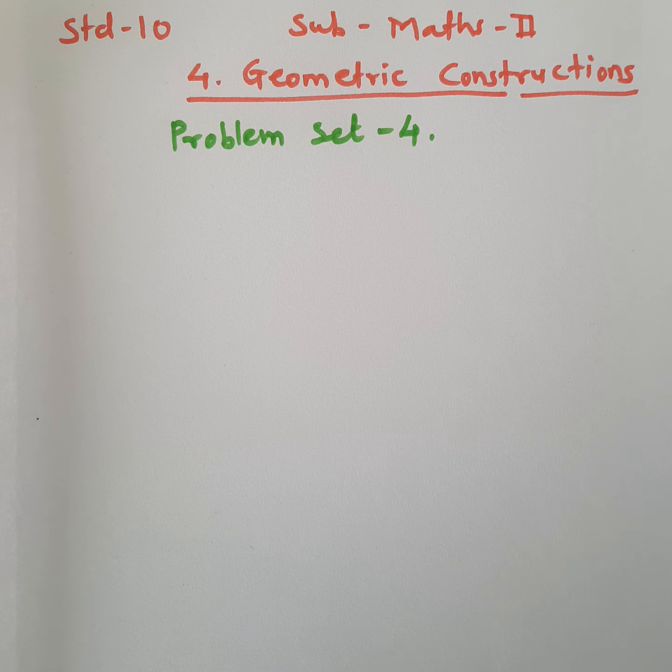Now we are going to revise these constructions in problem set 4. First, there are 3 MCQ, multiple choice questions. We will first see them and then do some constructions in the problem set.